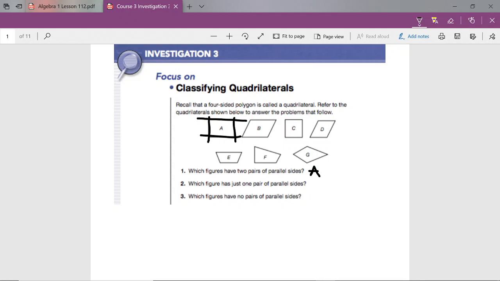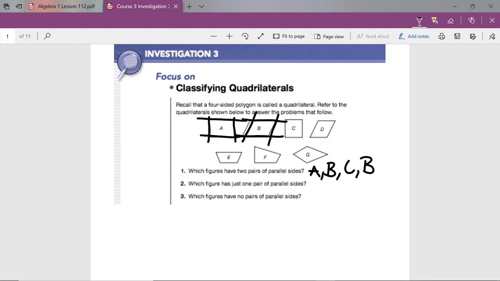Figure B also has two pairs, one pair right here, one pair with these slightly slanted sides, so B also. C, just like A, is a square or a rectangle like A, and it has two pairs as well. And D is very similar to B with those slanted sides.